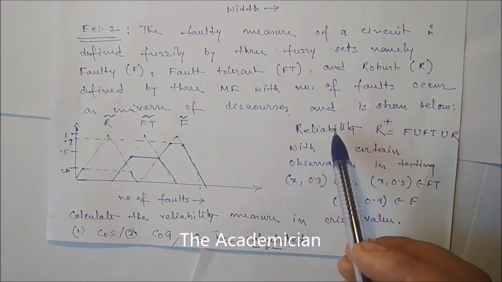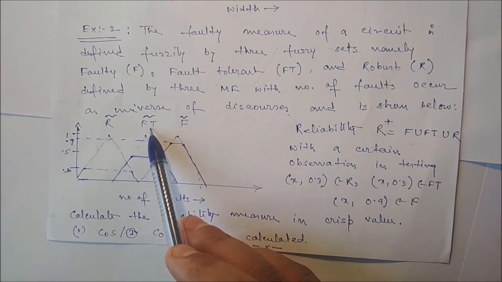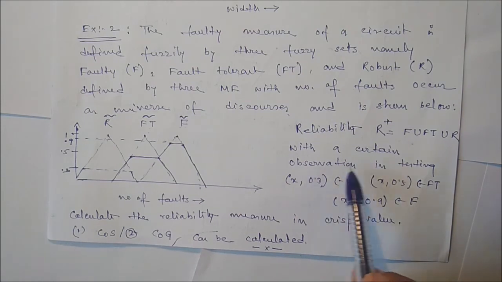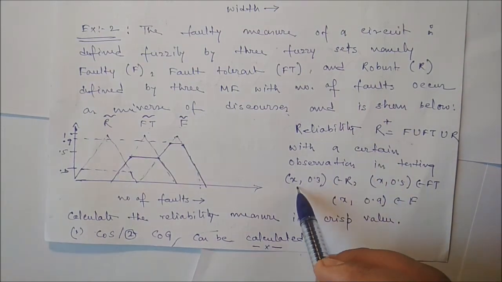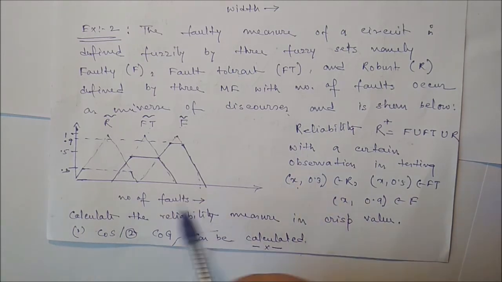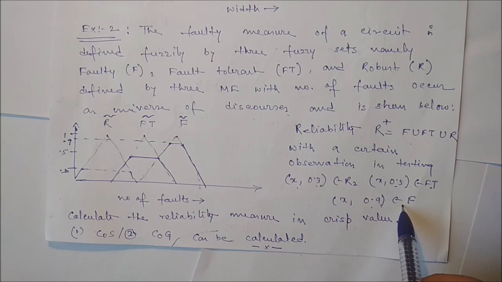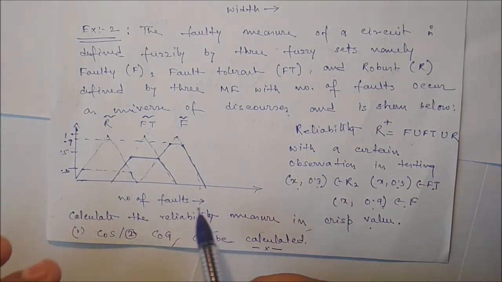So if the reliability is faulty union fault tolerance union robust, with a certain observation in testing, the particular value x is 0.3 for robust, 0.5 for fault tolerance, and 0.9 for faulty. Calculate the reliability measure as a crisp value. So what do we have to do?